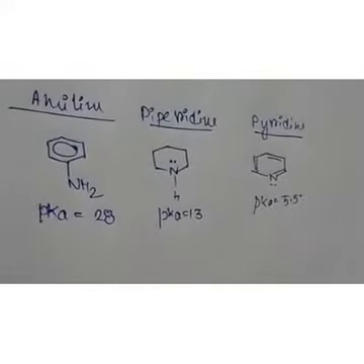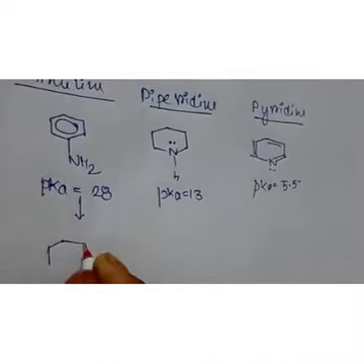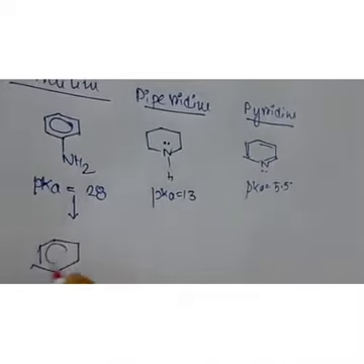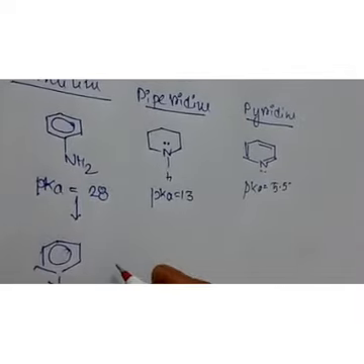And another point is, the more the acidity, the lesser the basicity. That is in case of some, not all compounds, but that is applicable for the compounds I am going to discuss. That is aniline. At first aniline, our comparison will be between. Now for aniline, its conjugate base, that is NH negative, can go to delocalization.